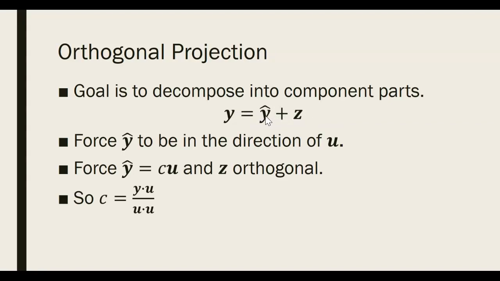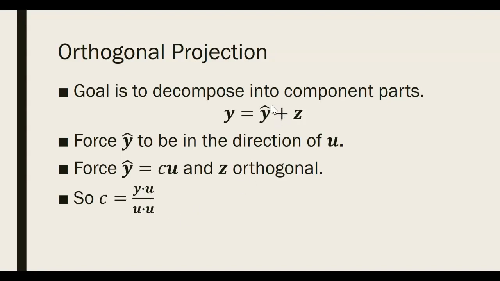The right-hand side is going to be the scalar times u, dot u, and then z dot u will be orthogonal, so it'll turn out to be 0. Basically the coefficient is going to be y inner product with u divided by u inner product with itself.